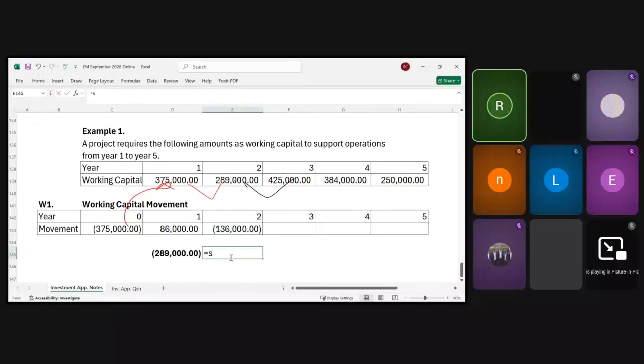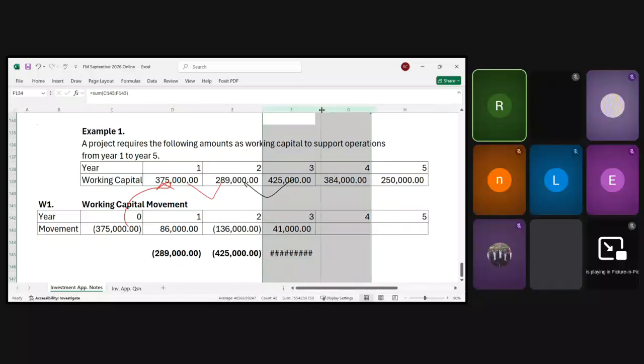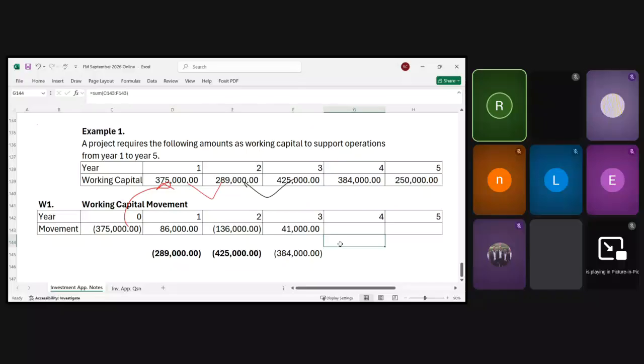If I add from year 0 to year 2, you can see that I have 425. This amount is invested. All right, for year 3, the difference from year 3 and year 4 is 41,000. If I add everything from year 0 to year 3, you can see that I have 384. 384 is invested.